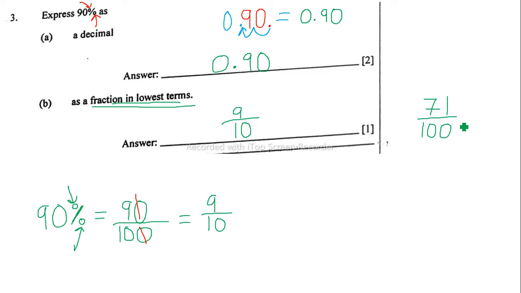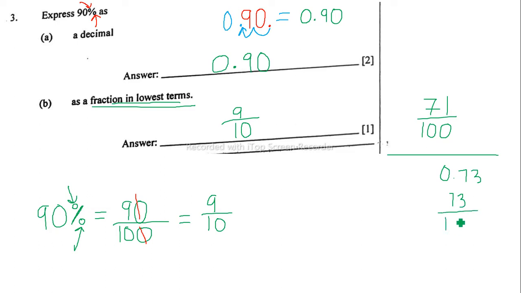If we have 73%, write that as a decimal. 0.73. Good. And as a fraction, 73 over 100. Very good.